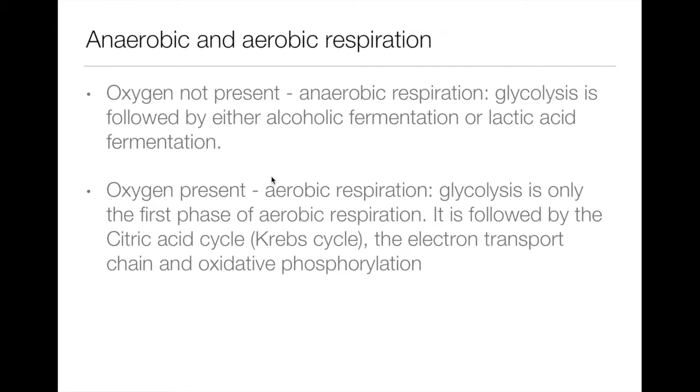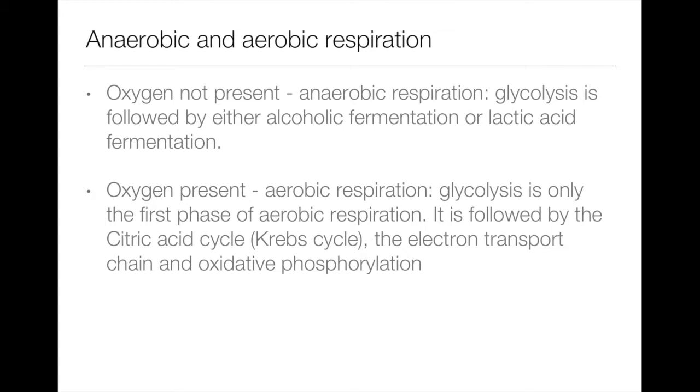So if oxygen is not present, in anaerobic respiration, what are the steps to have ATP? We've got glycolysis, the first step, and then alcoholic fermentation or lactic acid fermentation.